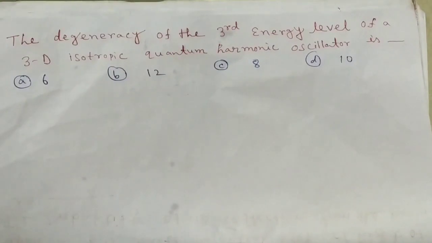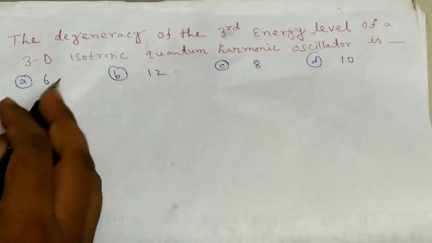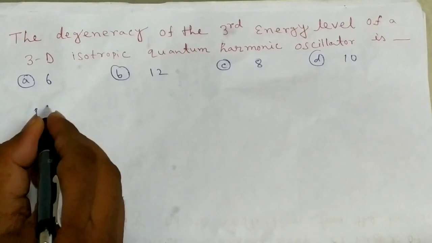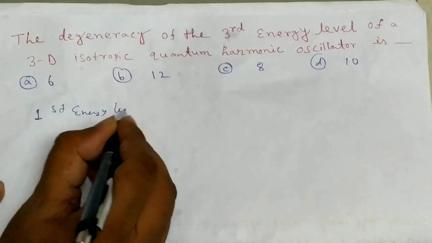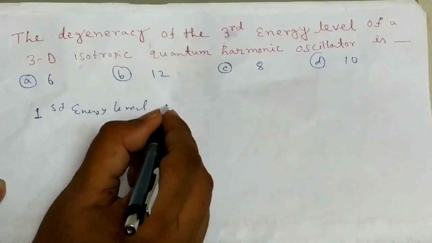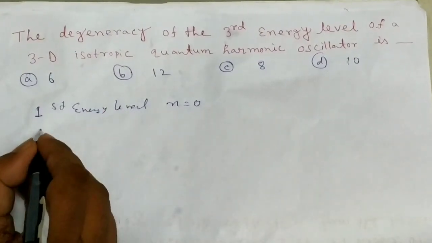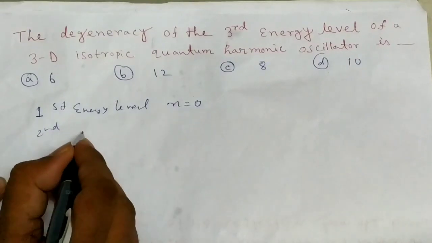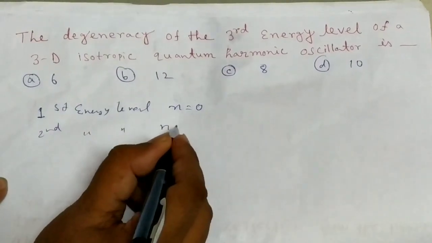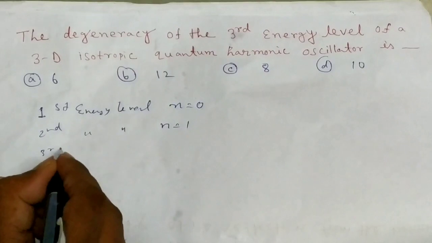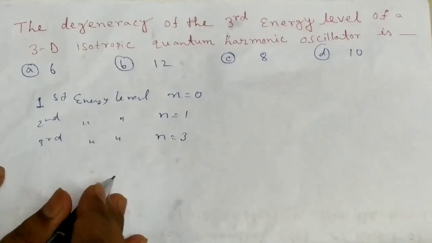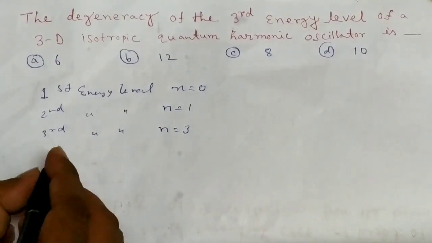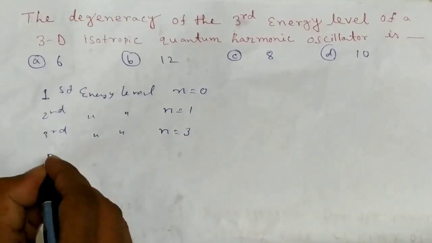So for the third level, you remember the first energy level is n equal to 0, the second energy level is n equal to 1, and the third energy level is n equal to 2.